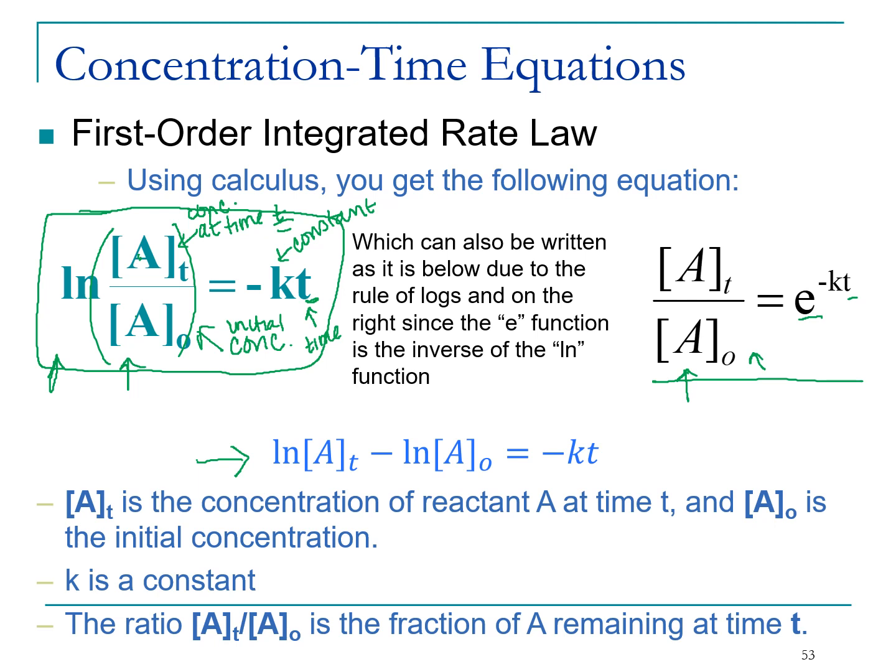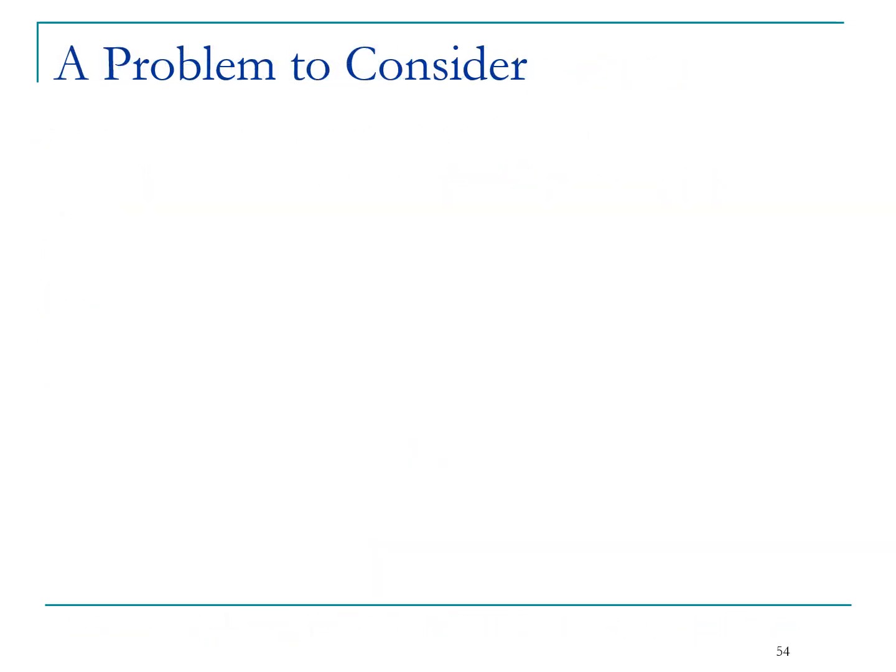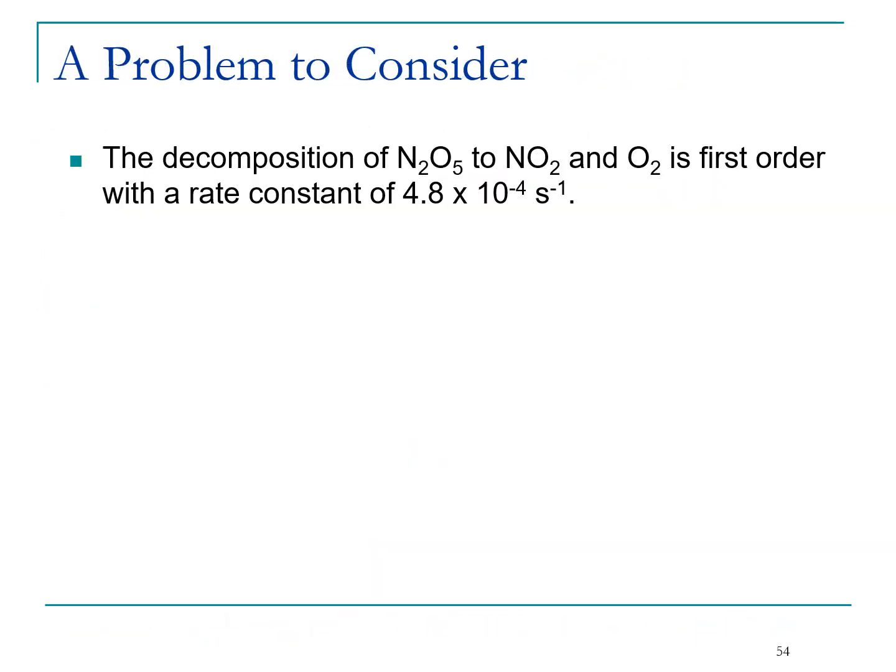If you don't necessarily know what the initial concentration is, but you just want to know the fraction remaining, you can just find that ratio. Or a lot of times you'll solve for one or the other. So let's look at an example. The decomposition of N2O5 is first order, and it has a rate constant, so this equals k.